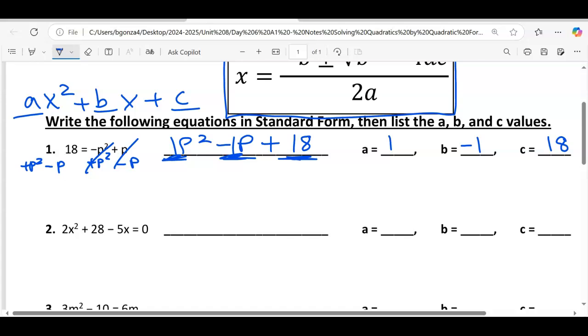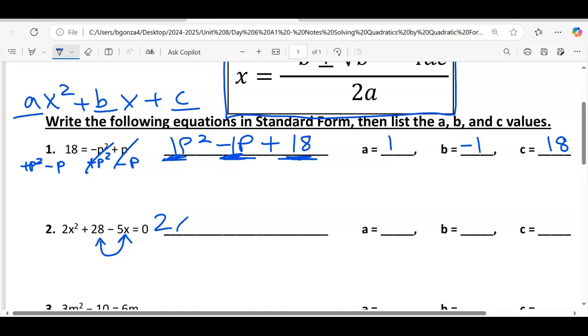All right, number 2. Number 2 already looks like it's equal to 0, right? But if you look at it closely, you have x squared first, and then the constant, and then the x. These are out of order. So those need a little switcheroo, as it were. So let's rewrite it.